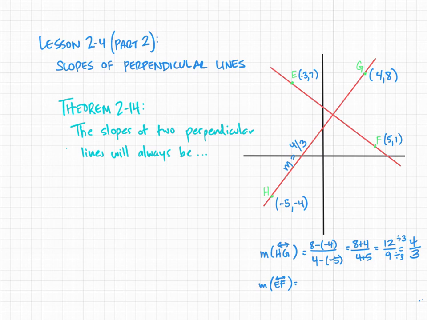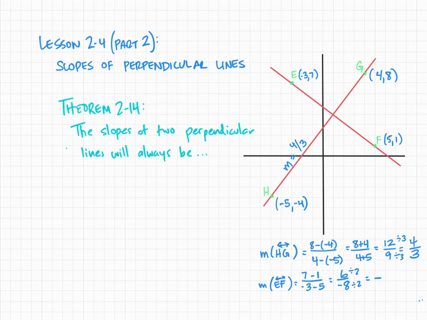Again, I'm going to do the y coordinates first. I'm going to say 7 minus 1, and then I'll do the x coordinates, -3 minus 5. Simplifying this gives me a numerator of 6 and a denominator of -8. Now I can divide both of these by 2. I notice that my numerator is positive and my denominator is negative.